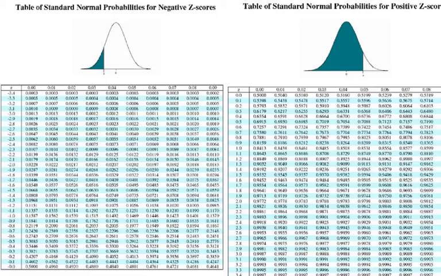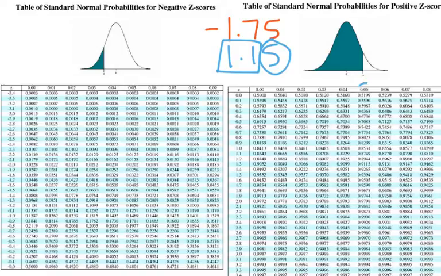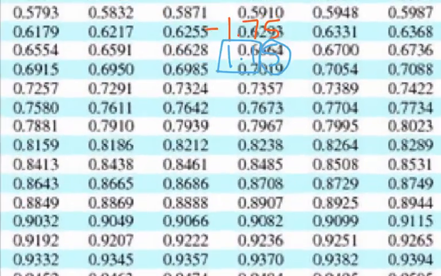Oh, right here. So we've got negative 1.75 and a positive 1.15. So let's do the positive first again. So now we've got 1.15. So we're going to look for 1.1 and then 0.05. 0.05 is that column right there. Okay, I know you probably can't see that, so let me zoom in.